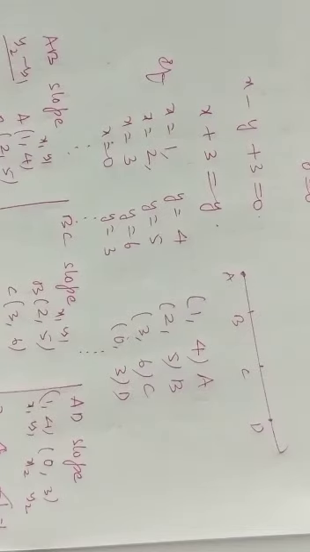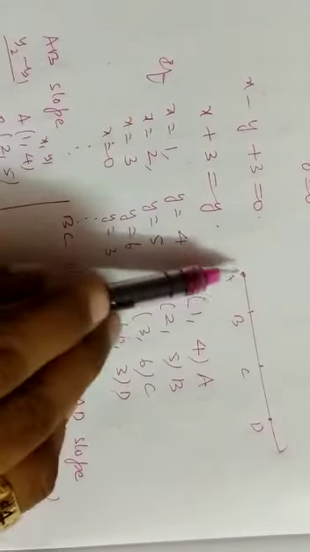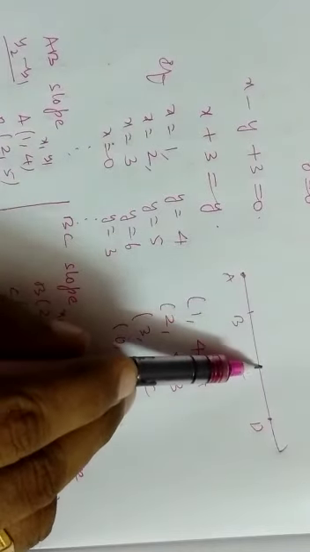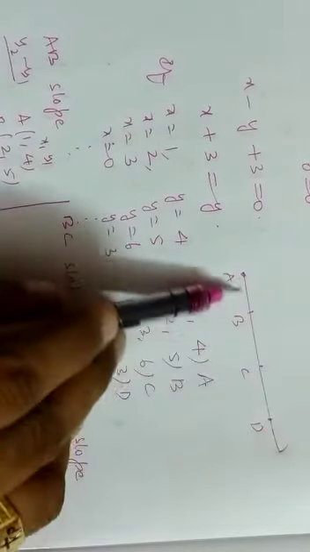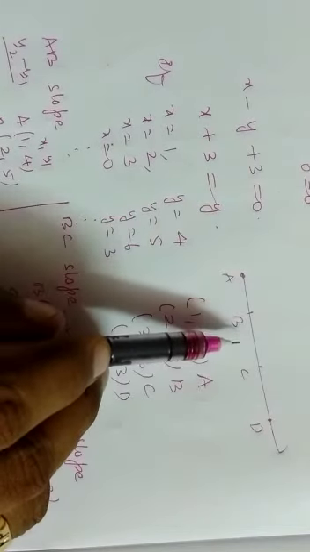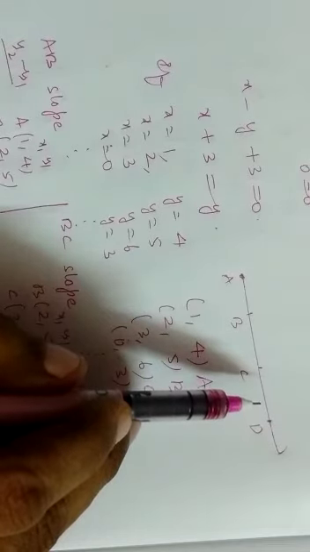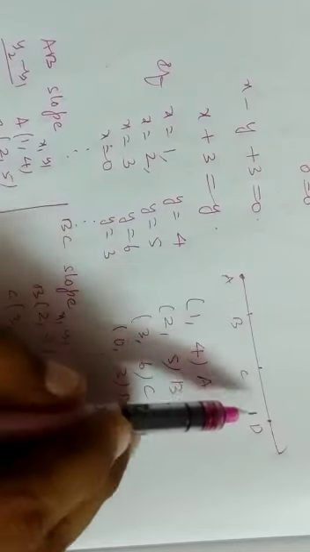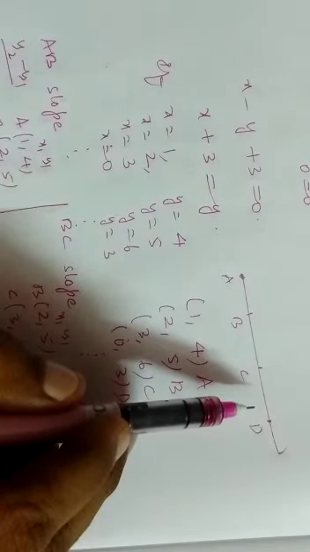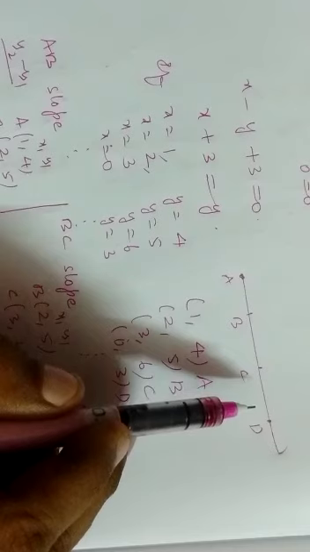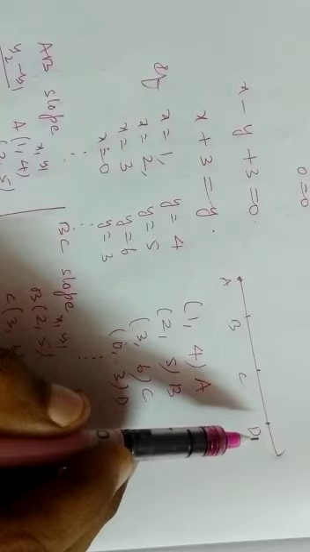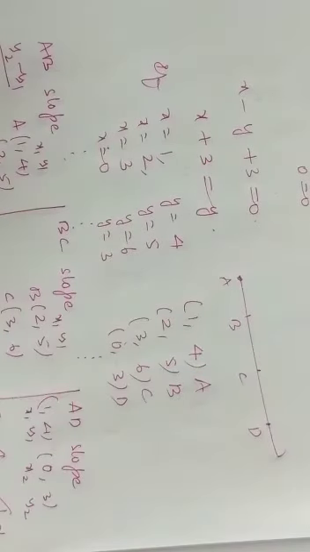Now you have to find 4 distances: AB distance, BC distance, CD distance, AD distance. Of the 4, one will be the largest. Then if you add the remaining 3 distances and it equals the largest distance, then the points are collinear. That method is a little lengthy.